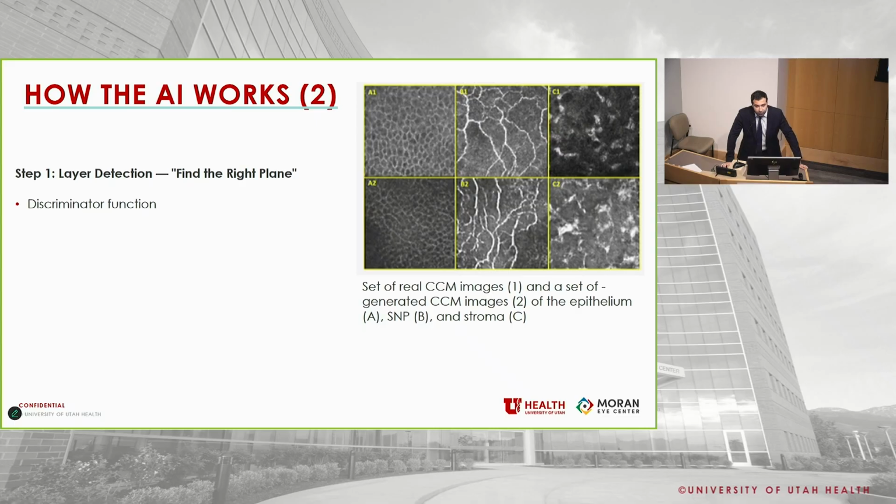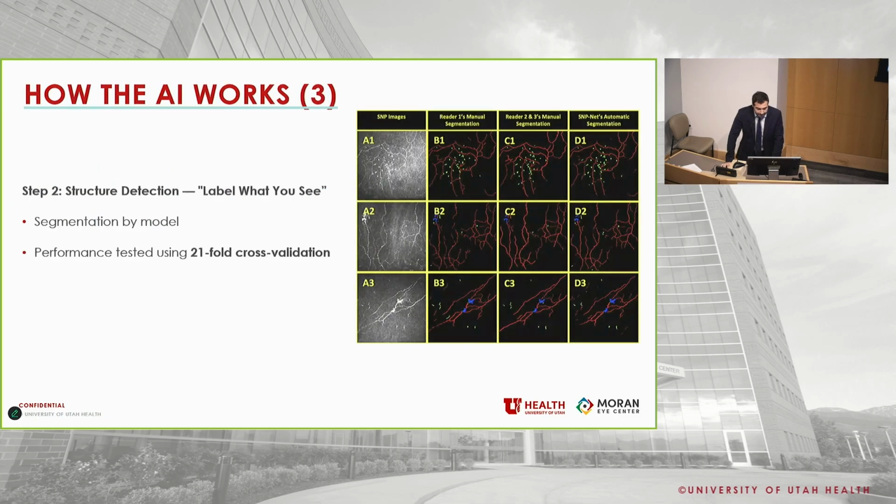And the goal of the network is to try to discriminate between these images, and the more it is able to discriminate between them, the better the network becomes. So at the top row, you can see real images, and then the bottom row is completely generated AI images that were used to train this algorithm to become better and more proficient at segmentation.